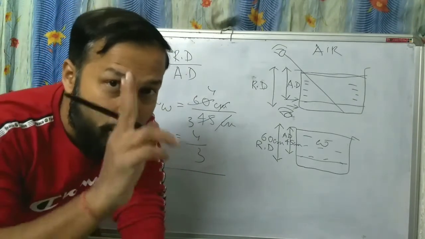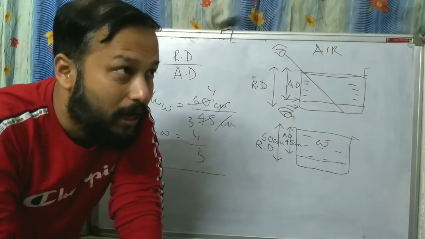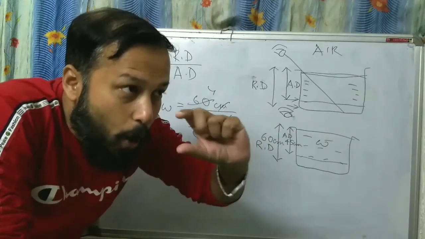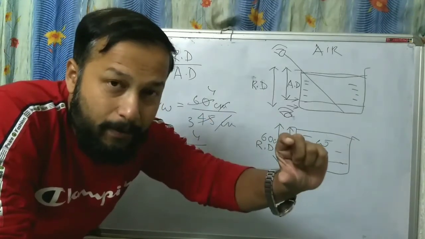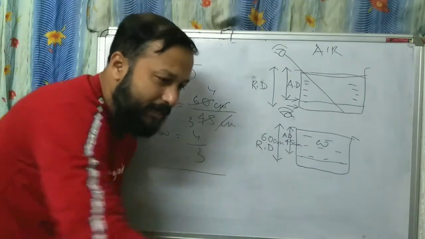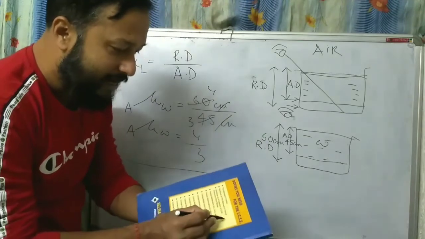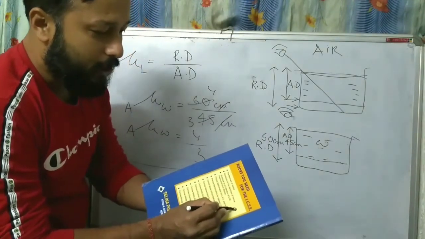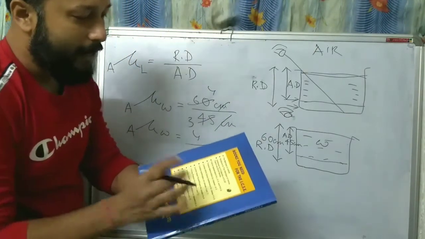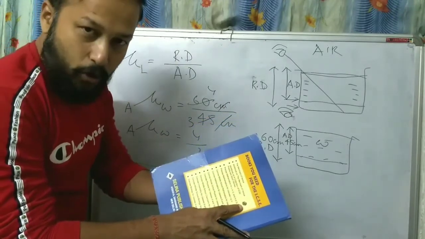One more numerical is important for your exam, that is the example of a glass slab. For that I am taking this book and I am making a black dot here. Can you see this black dot? Yes.